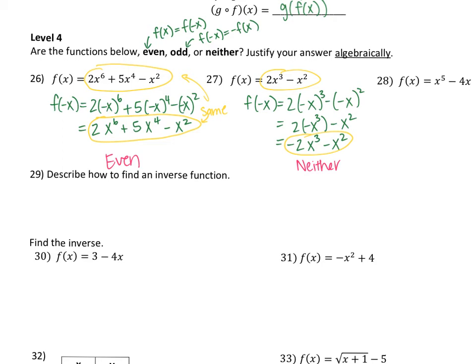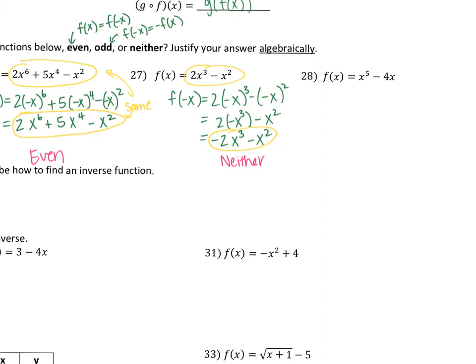All right, so for 28, our last problem here, let me shift this over just a little bit. We're going to plug in, again, our negative x and work this out. So this is going to be negative x to the 5th power plus 4x, because those two negatives will make a positive and the 4 will drop down.